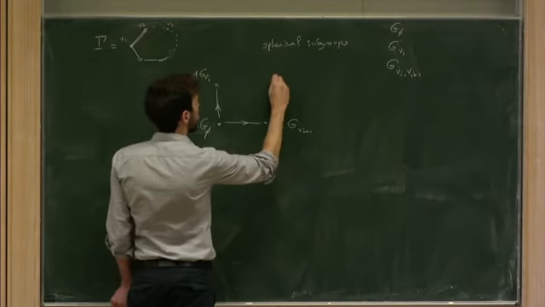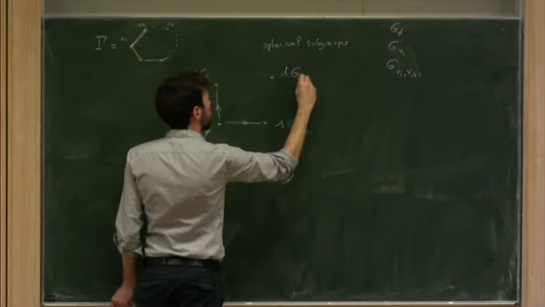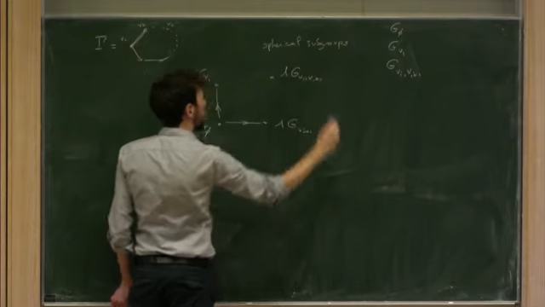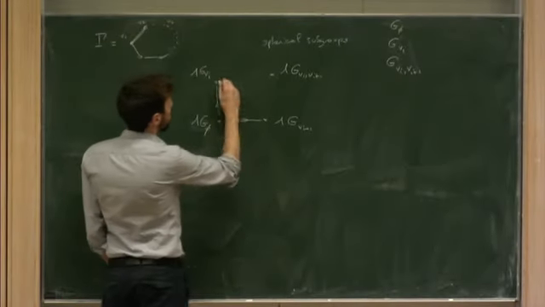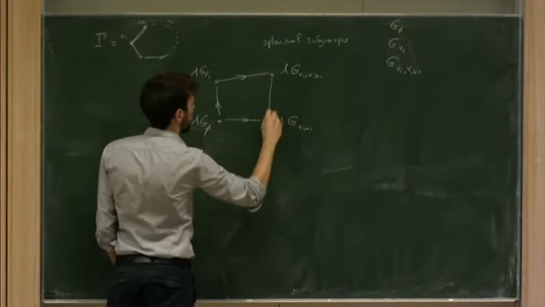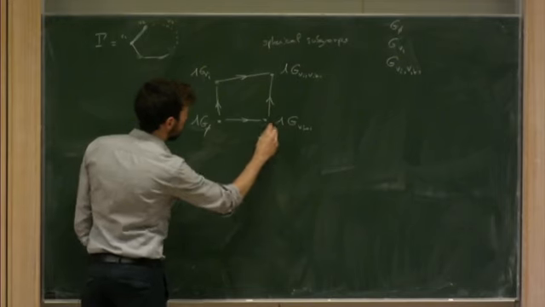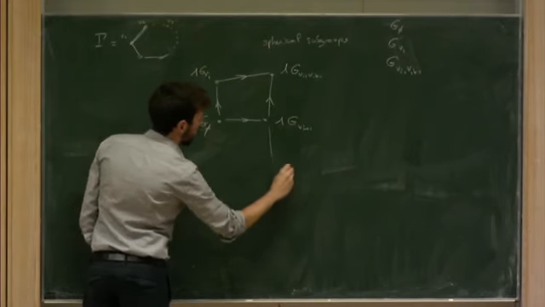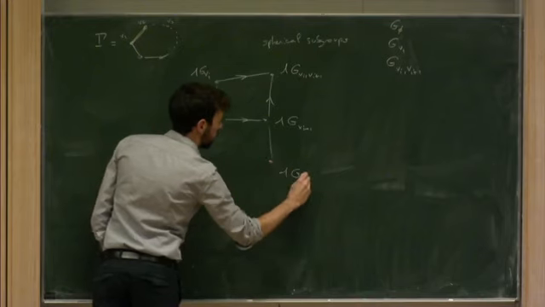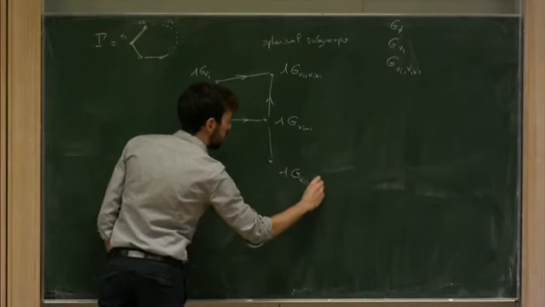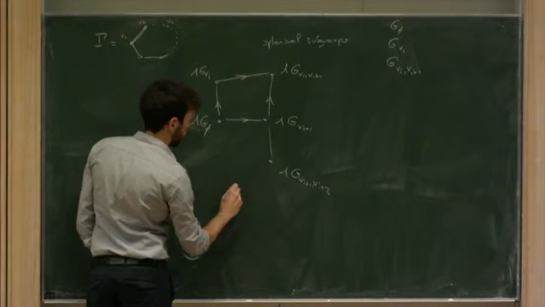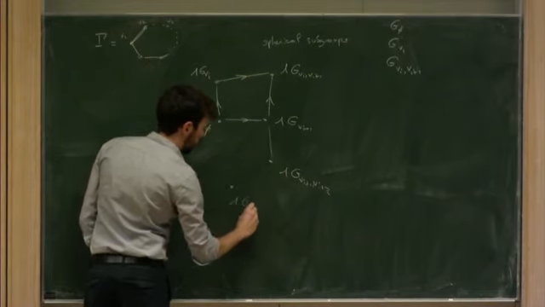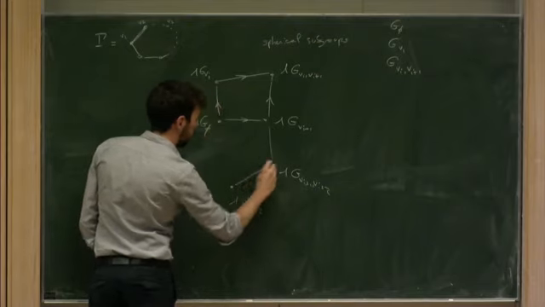But here I also have 1 times G_{v_i, v_{i+1}}, and I also have the inclusions here. And I can start again. Here I'm going to get 1 times G_{v_{i+1}, v_{i+2}}, 1 times G_{v_{i+2}}, etc.